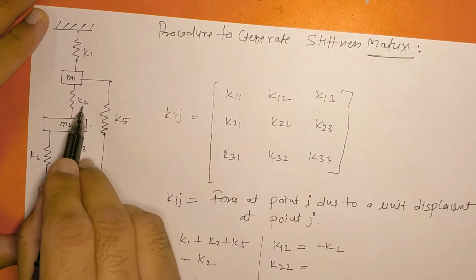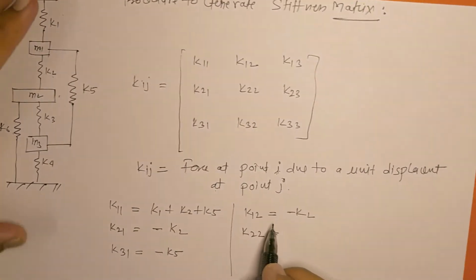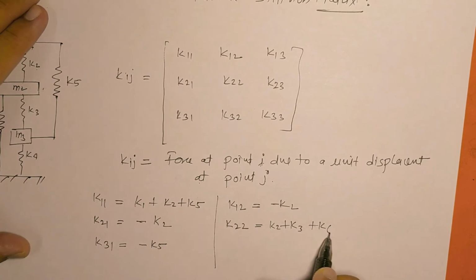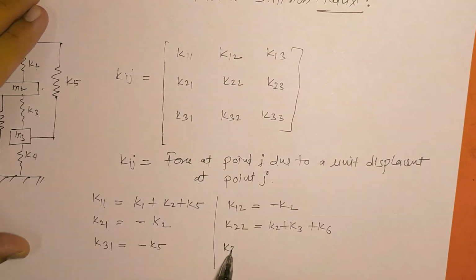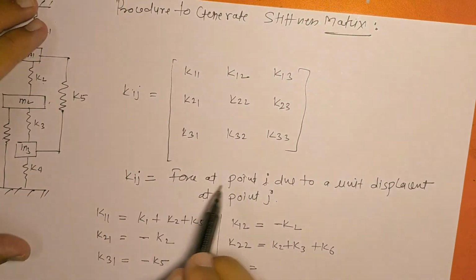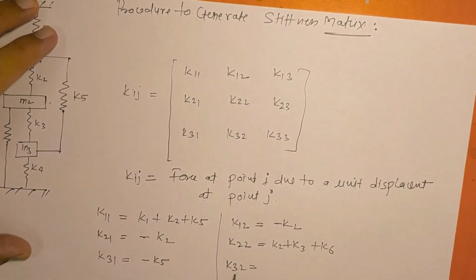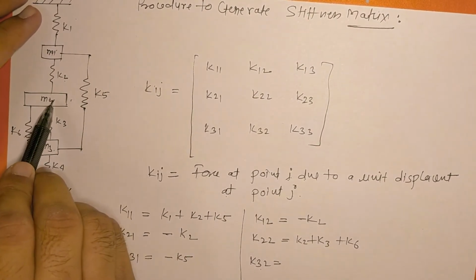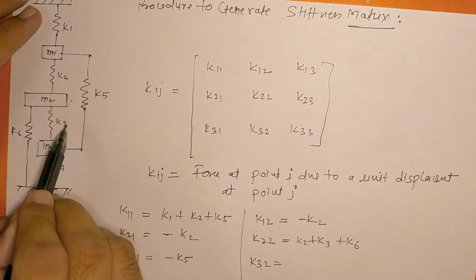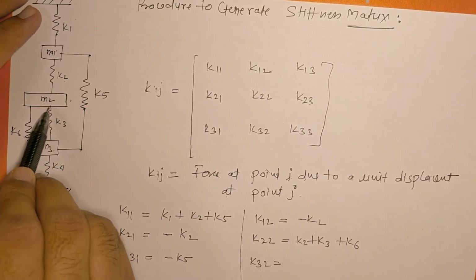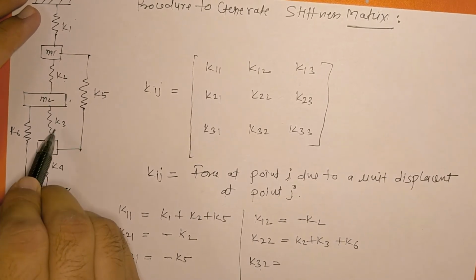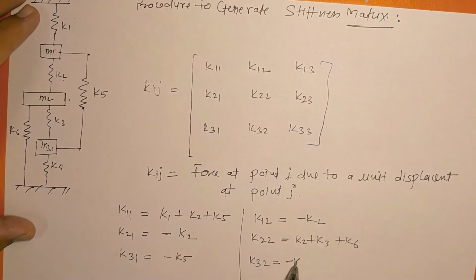So the force becomes K2 plus K3 plus K6. Similarly, K32 is force at point 3 due to unit displacement at point 2. The others are fixed and we give unit displacement at 2. Then 2 and 3 are connected with the help of K3 only, and this will exert a force on 3 in this direction. So this is minus K3.